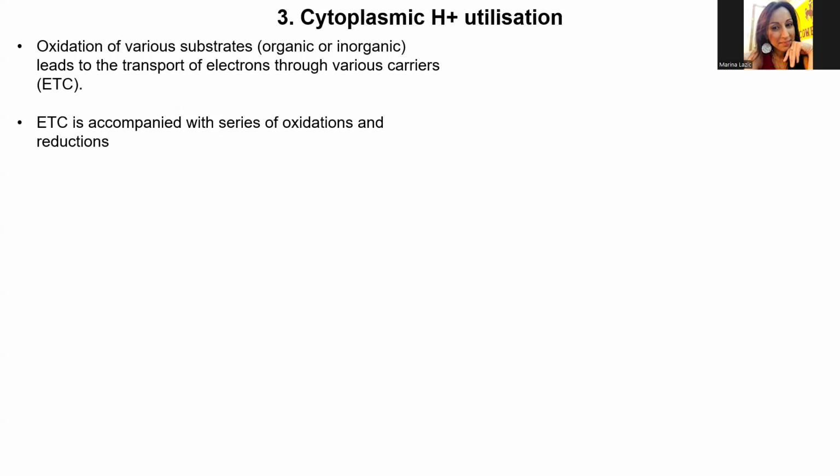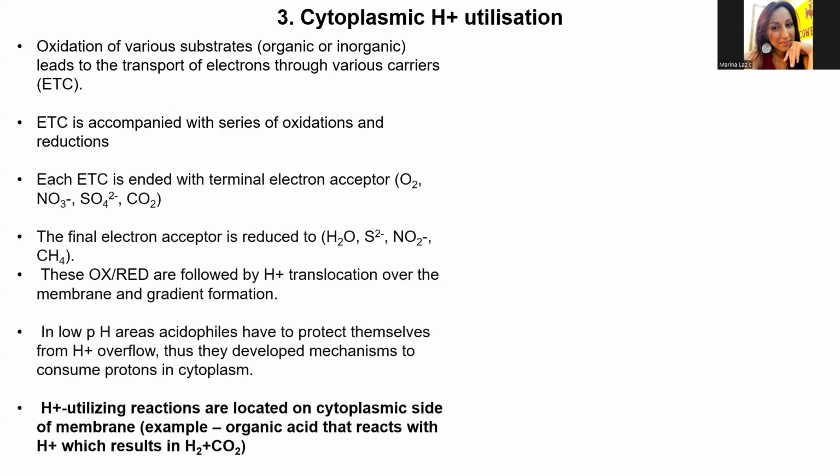But what happens when the electron transport chain does not end with oxygen as the terminal electron acceptor? The terminal electron acceptor can be something else: nitrate, sulfate, carbon dioxide. I talked about that in my previous class. That's called anaerobic respiration. If oxygen is the terminal electron acceptor, then reduction of oxygen will create water. But if it's sulfate, for example, then it will be hydrogen sulfide, or methane. All of these oxidoreductions are followed by proton transport across the membrane and gradient formation.